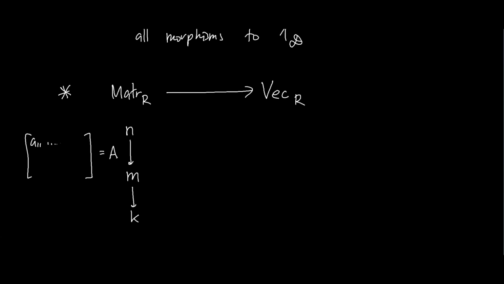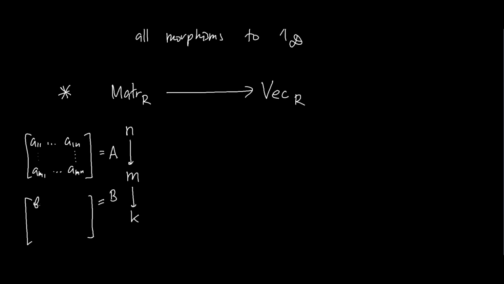So its entries would be A11 up to A1N, and then in the last row we'll have AM1 up to AMN. And another morphism, B from M to K, will be a K by M matrix.